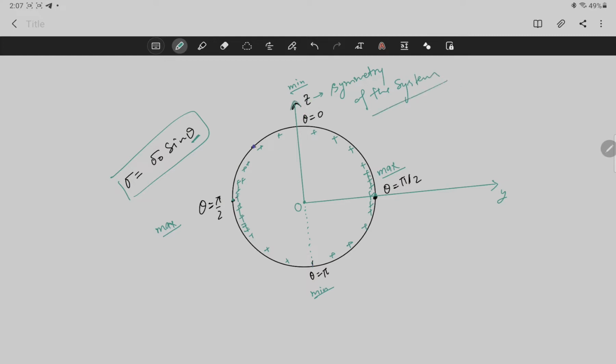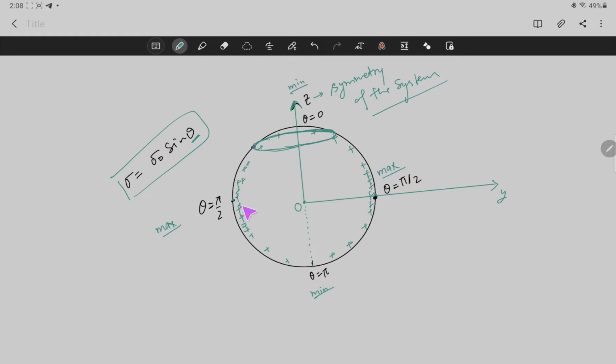Around the z-axis you will see that the charge distribution is the same. Suppose this is the z-axis and around it you draw a circle. On this circular periphery you will see that the charge distribution is the same.